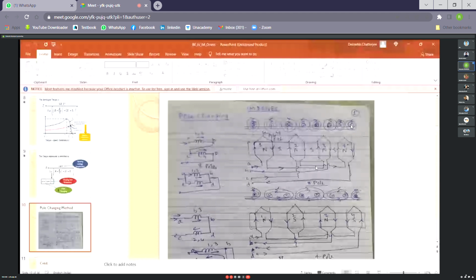And then it becomes AB, say 2 terminals of 2 coils, and then CD also like this, clockwise. And if you connect A and C together, and B and D, that is what you have seen. Okay. So we get actually an 8-pole structure, NS, NS, NS.